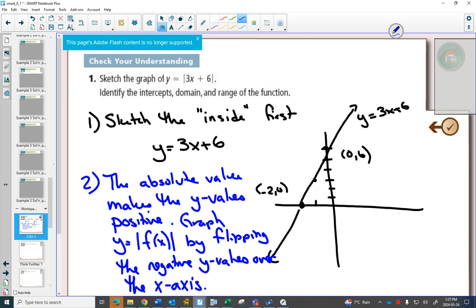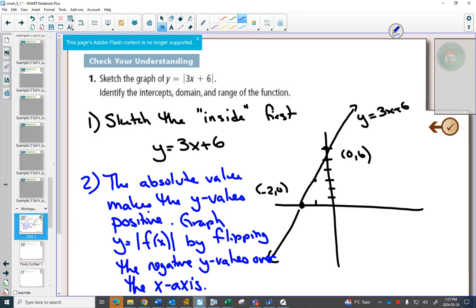So the second thing we're going to do: since the absolute value makes all the y values positive, because if we look at the equation, y equals the absolute value of something, and the absolute value makes something positive, so you know that all your y values have to be positive.